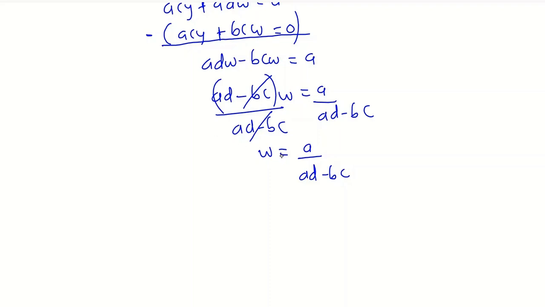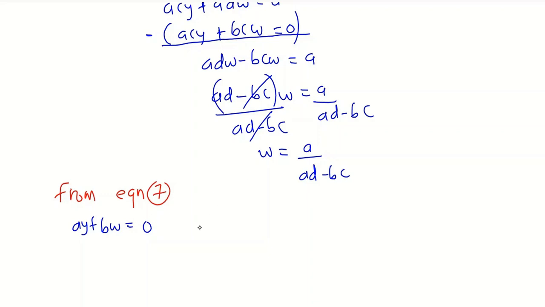So we can substitute W into equation 7 or 8; any of them goes. We intend to substitute into equation 7, and we know that from equation 7, AY plus BW is equal to 0.